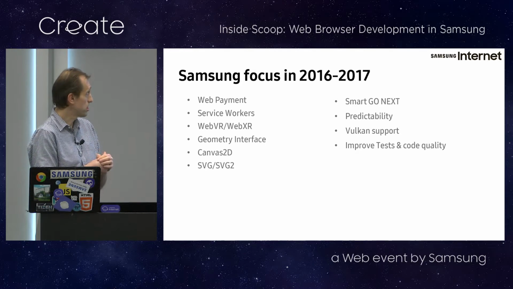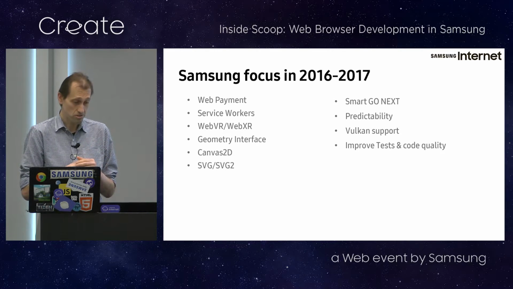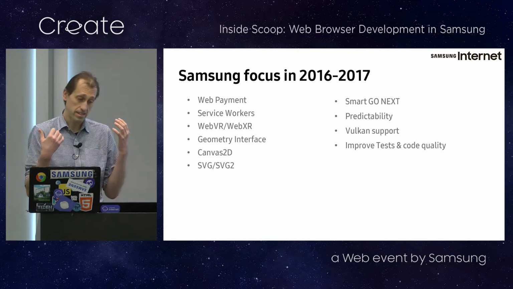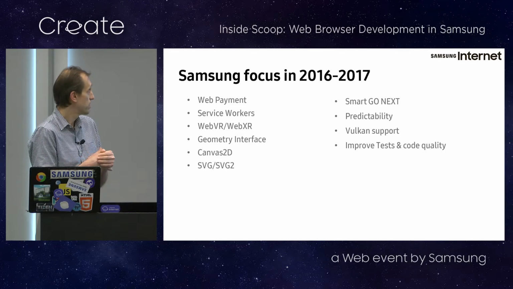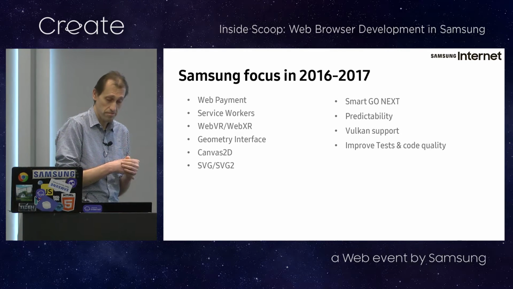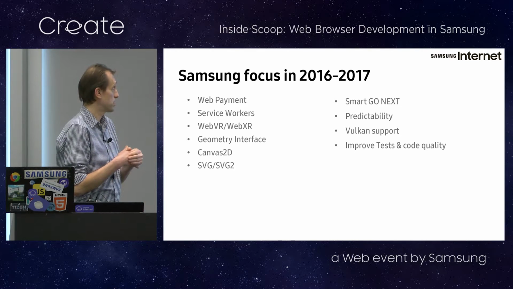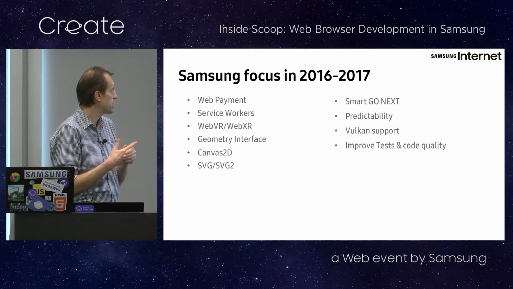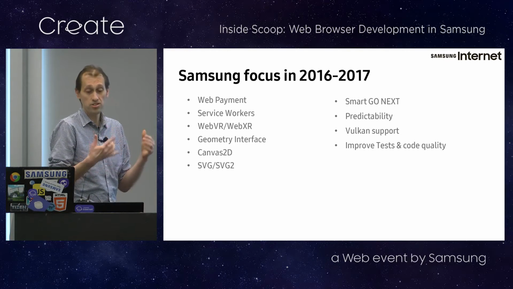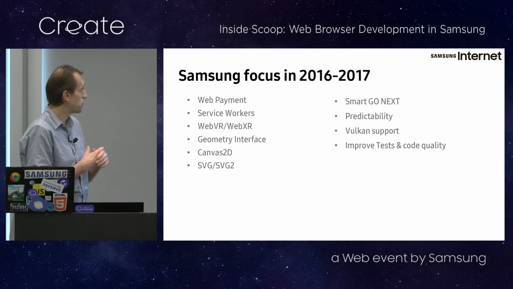So this slide talks a little bit more about our current, or very recent, focus. Web payment, PWA and service workers, WebVR and WebXR. These are areas that we mentioned many times today. We obviously contribute to this in open source. This is our interest, this is our core focus. But there are other areas that are less known and perhaps a little bit less interesting, but worth mentioning.